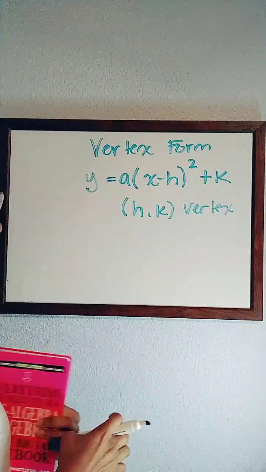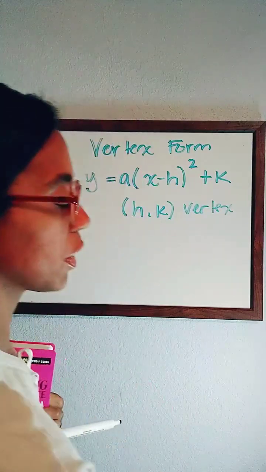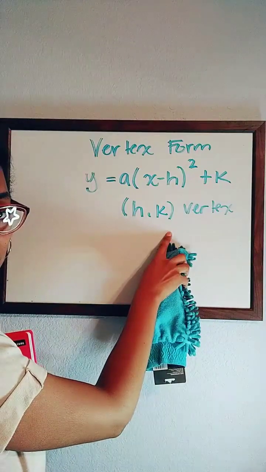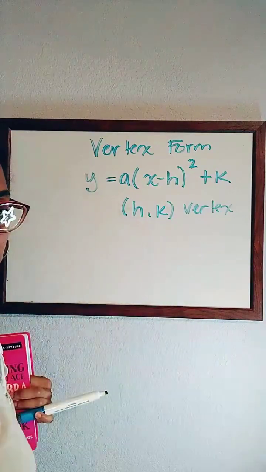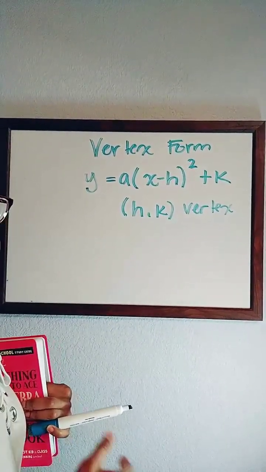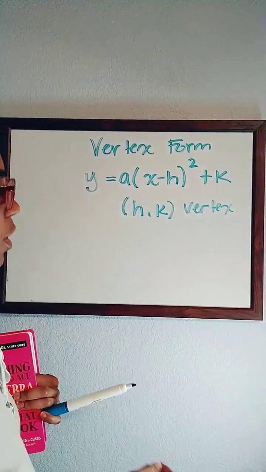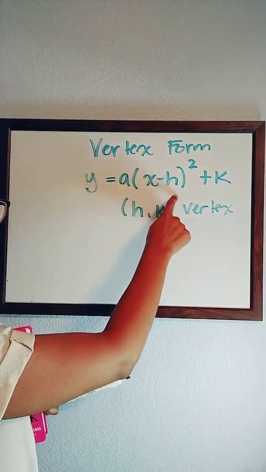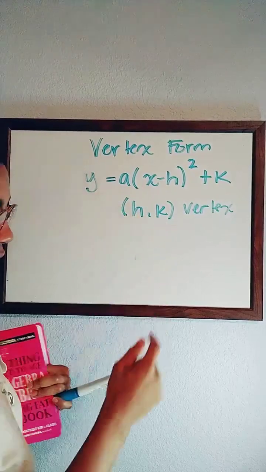Oh, b over 2a. Okay, never mind. Wrong one. Let's do that one. Did she give you this one too? Okay. So to find your vertex, if it's written like this, you're just going to look at the h and you're going to look at the k, and that's going to be your vertex.